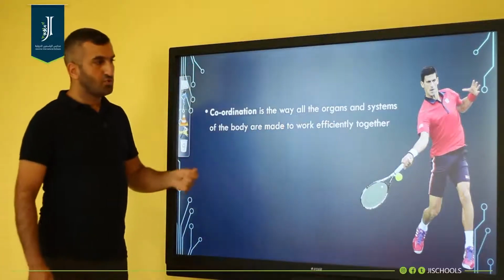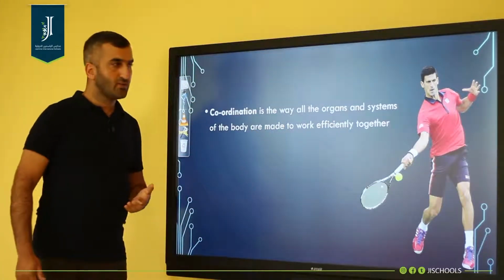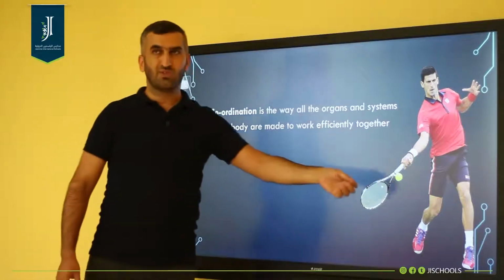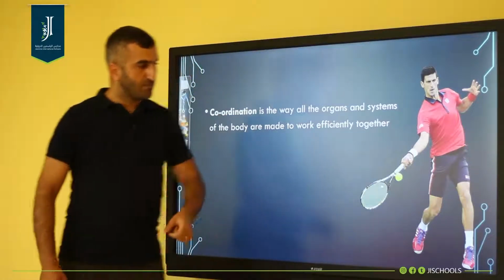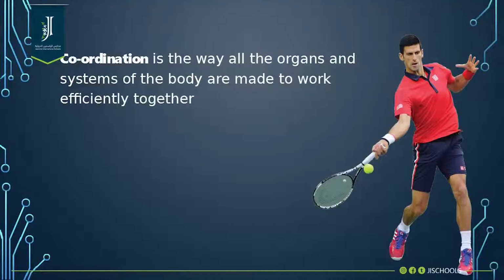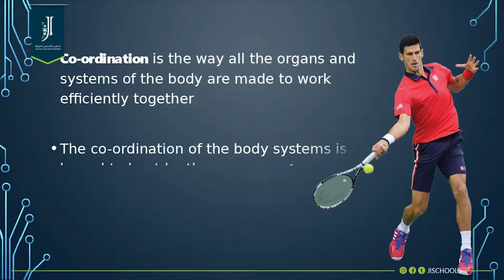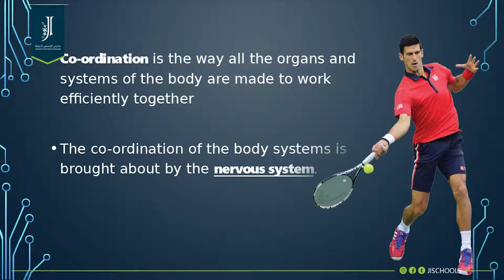All of them should be coordinated together in order to produce the final movement, which is hitting the ball, kicking the ball, and so on. So the coordination of the body is brought about by the nervous system.